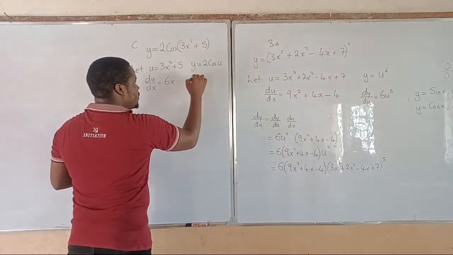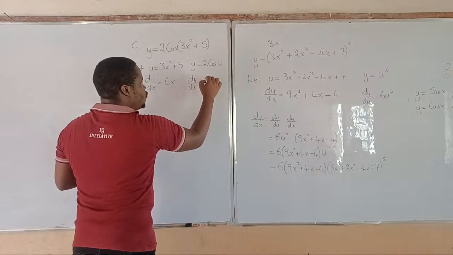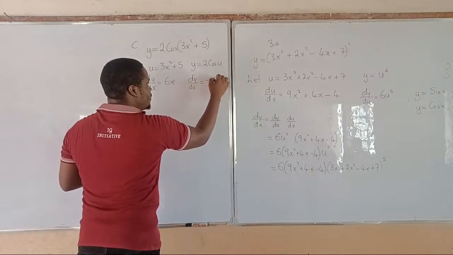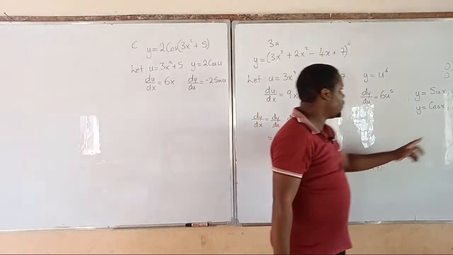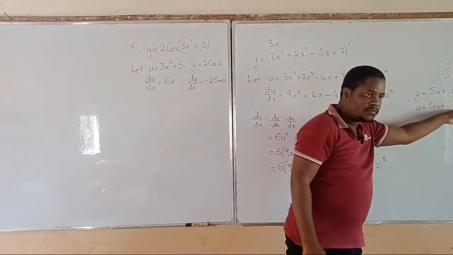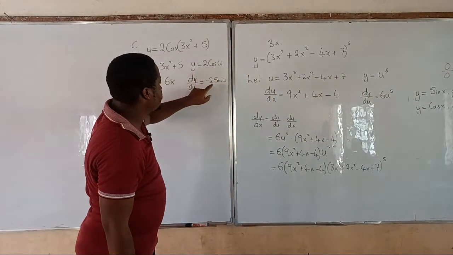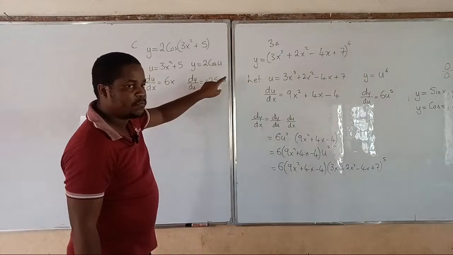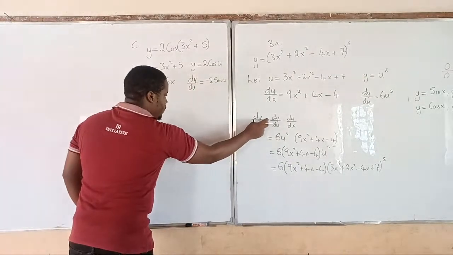Then what is dy/du? dy/du will be negative 2 sin u. Why is it negative? Remember, cos changes to negative sine. So the cos that you see here will change to a negative sine. So negative sin u.